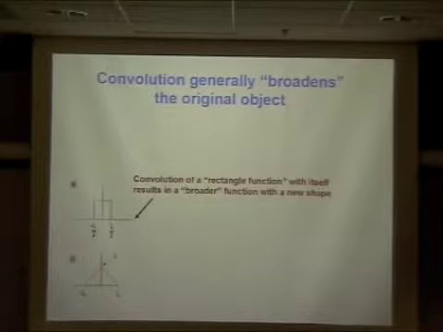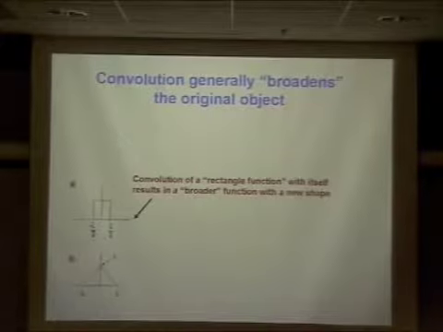And you can intuitively immediately see that that operation, the convolution of a step function with itself, will give you a triangle function. And the full width is now from minus L to plus L, whereas the original one went from minus half L to plus half L. So the convolution of a rectangle function with itself results in a different shaped function.